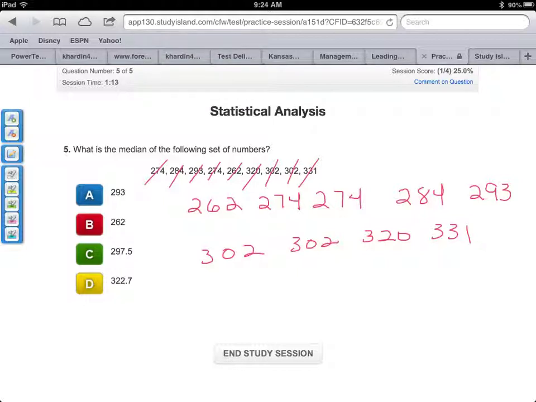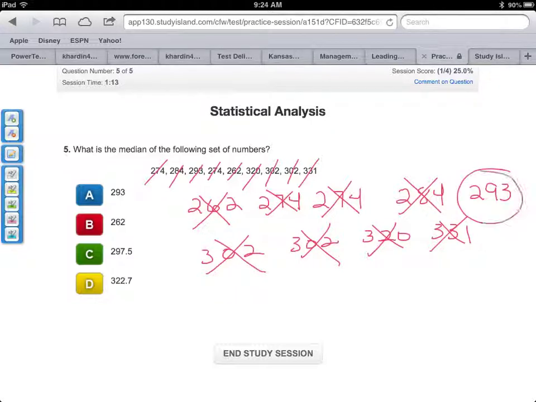And now we just need to start working towards the middle. Cross off 1 at each end, cross off 1 at each end, cross off 1 at each end, cross off 1 at each end, and we end up with 293 right in the middle. So in this case, A would be our answer.